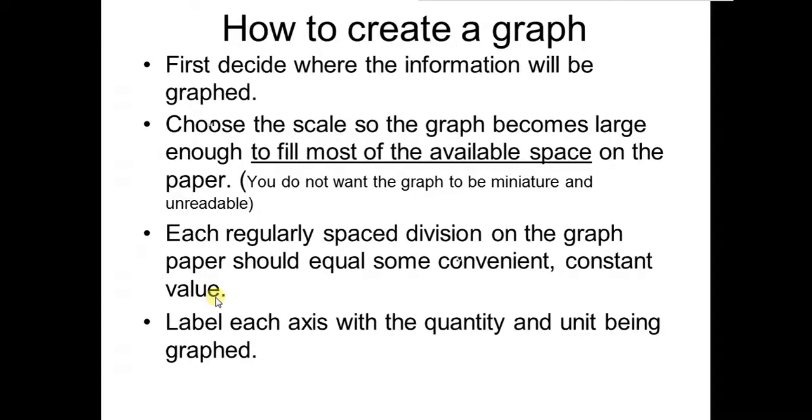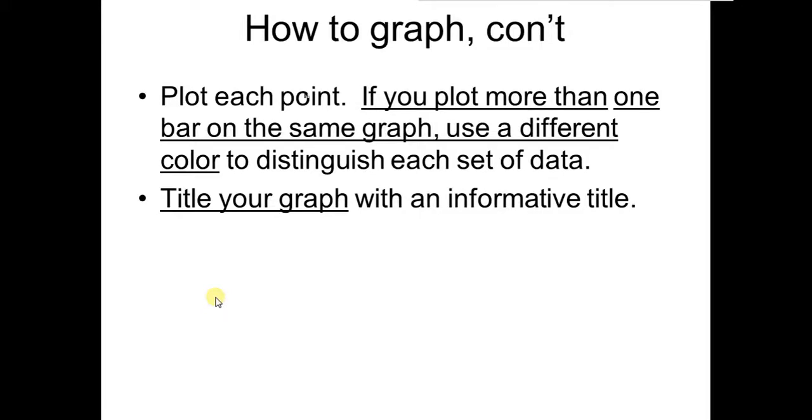Then make sure to label each axis with the quantity and the unit being graphed. You always want to put the unit on your axis label. That way you don't have to put the units next to each number, because you've already put the units on your axis label. Then you'll plot each point. If you're doing a line graph, you'll plot more.